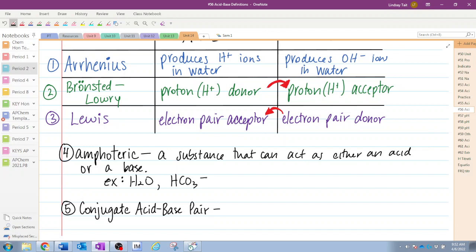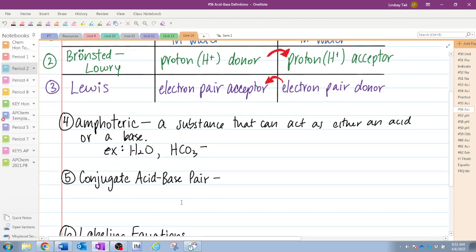NaHCO3 is baking soda, so baking soda has this ion. If I dissolve some baking soda in water, it'll make this ion, and this ion is amphoteric because it can pick up a hydrogen, which means it would be a base acting as a proton acceptor, or it can donate a hydrogen, meaning it would be acting as an acid. So those are some examples of amphoteric substances.